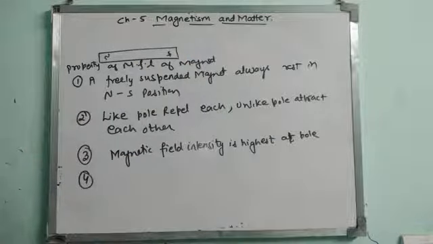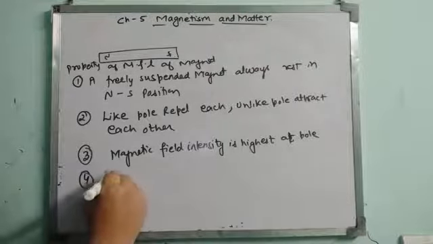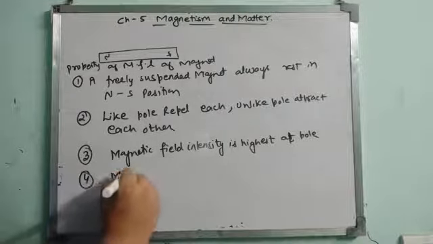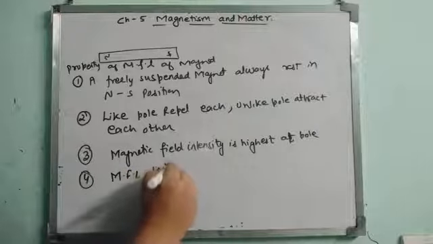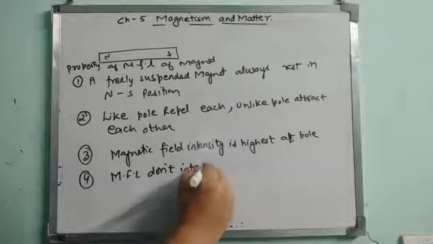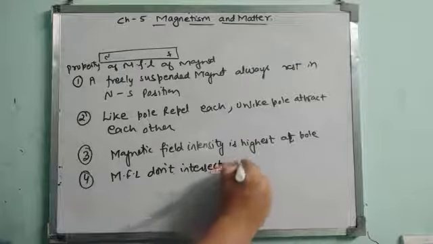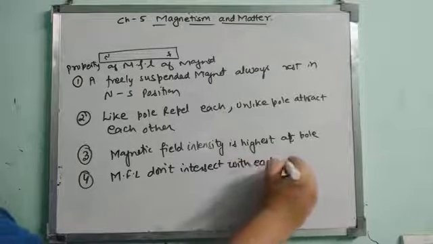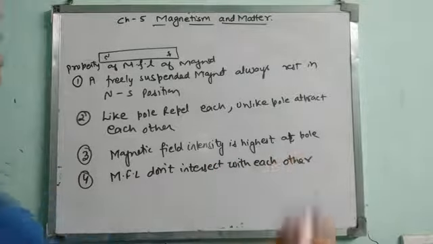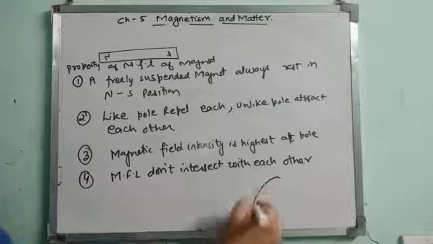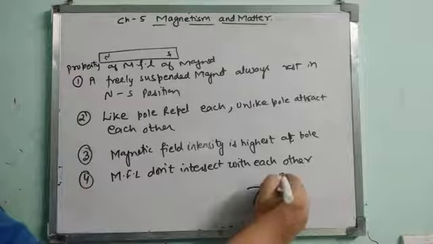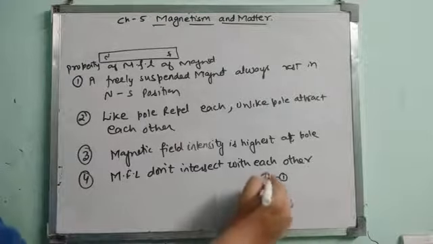Just like electric field lines, magnetic field lines don't intersect with each other. The same reason, as if they intersect each other, then there will be two directions of the magnetic field line at the same point, which is not possible.